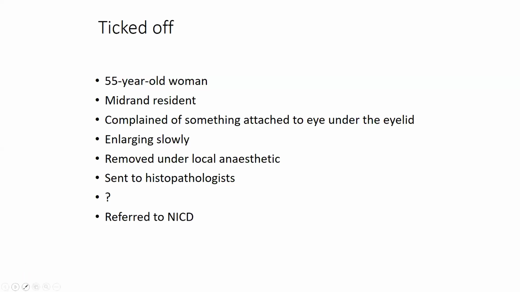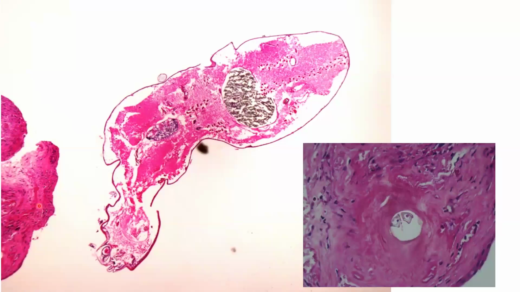So we got the sections, and this is what we saw. And it wasn't immediately evident as to what this was. We thought it was some sort of arthropod simply from the general structure.